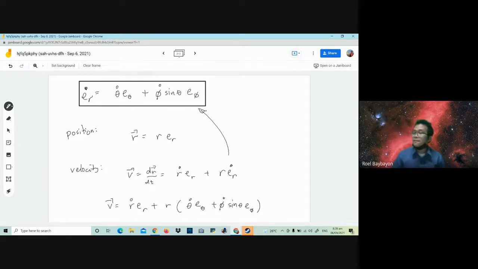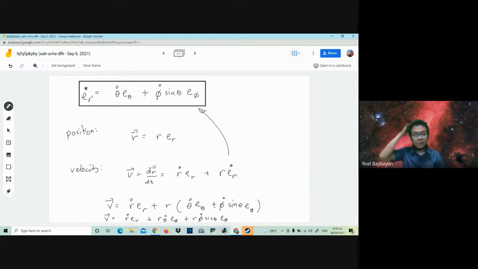So the velocity has three terms: R dot ER plus R theta dot E theta plus R phi dot sine theta E phi.